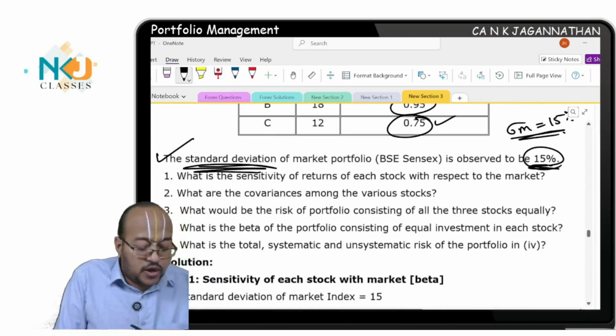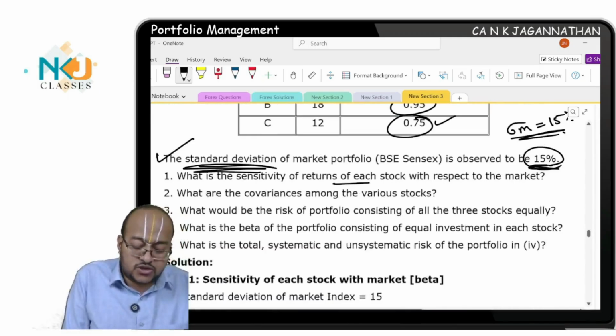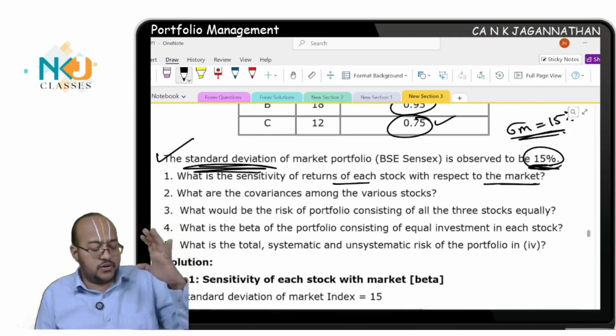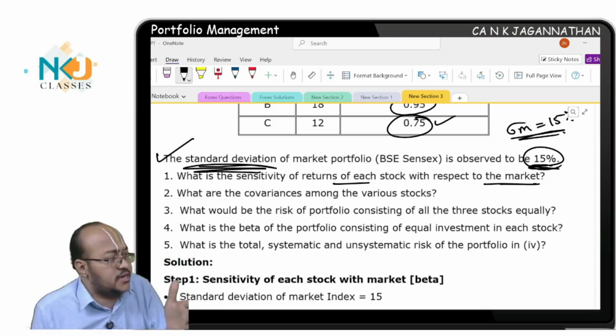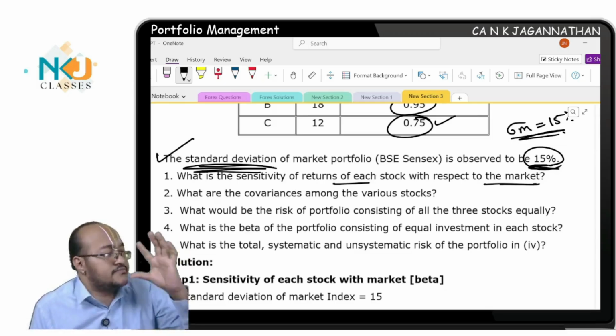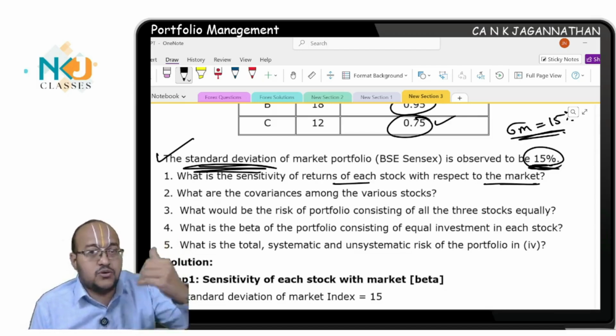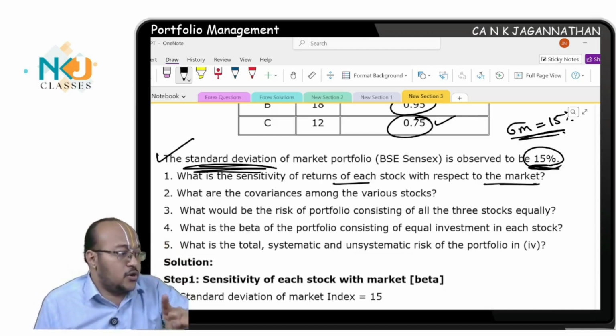Right. What is the sensitivity of returns of each stock with respect to the market? First part we will try to understand. Sensitivity of the stock to the market is called what? It is nothing but beta. I already discussed this.